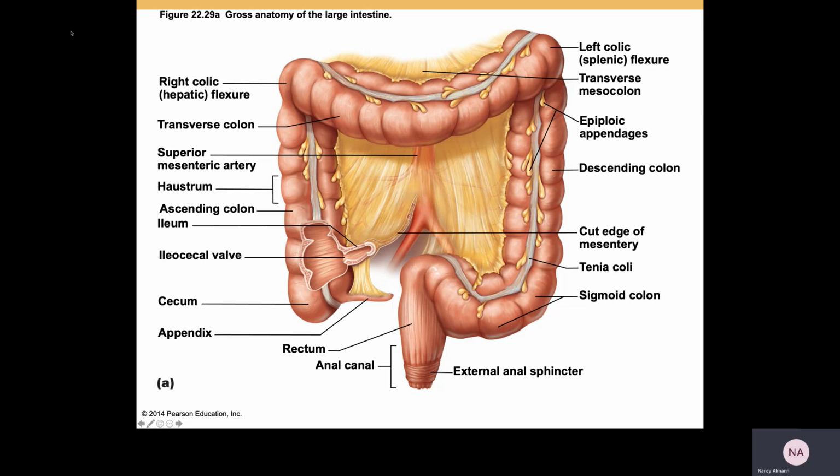At the upper right portion of the large intestine, you will have the hepatic flexure, which leads to the transverse colon, and then you will have a downturn, which is known as the splenic flexure, which leads to the descending colon, which morphs into the sigmoid colon, which in turn will lead to the rectum and then to the anal canal.